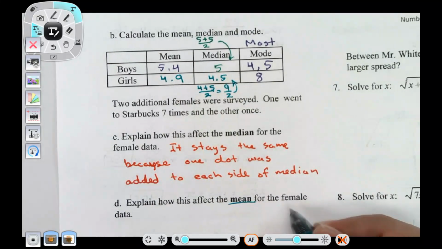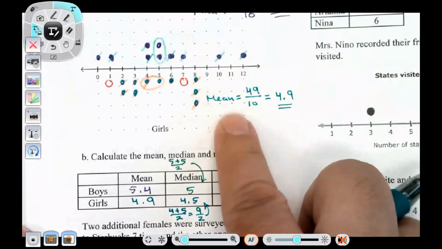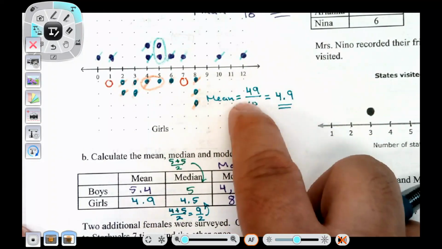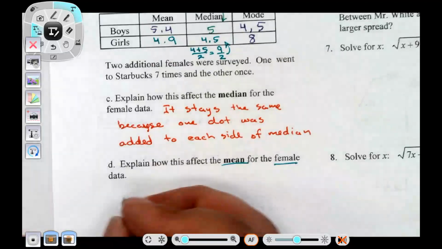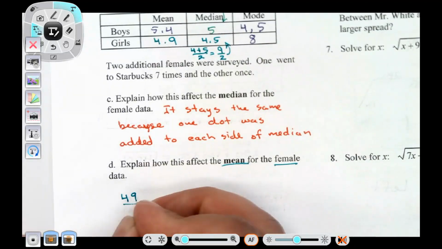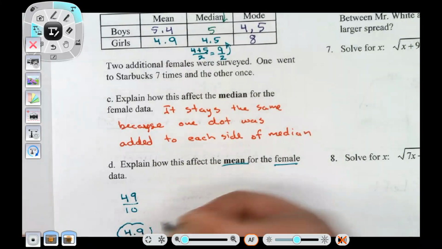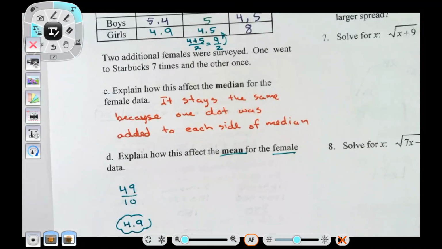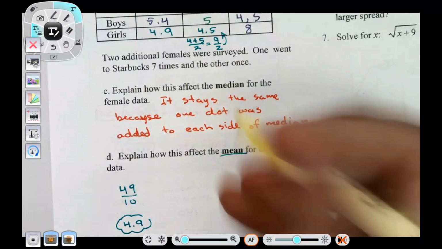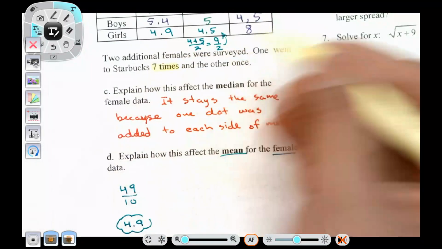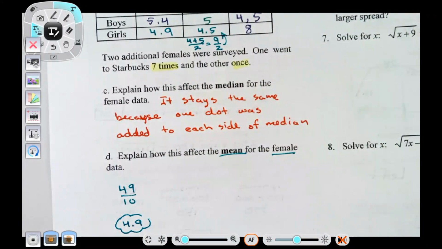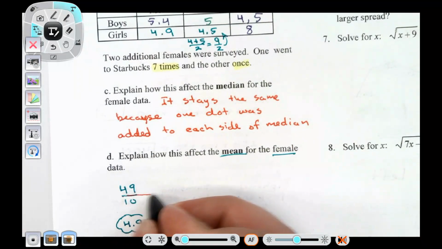They said the mean for females. This was our mean for females, 49 over 10. So this was the original 49 over 10, which was 4.9, right? But remember, they just said you're going to add someone that went 7 and someone that went once, which means all I'm going to do is stretch this out.